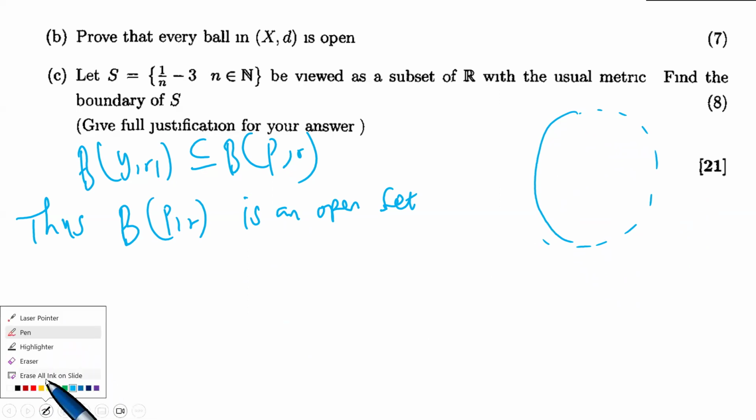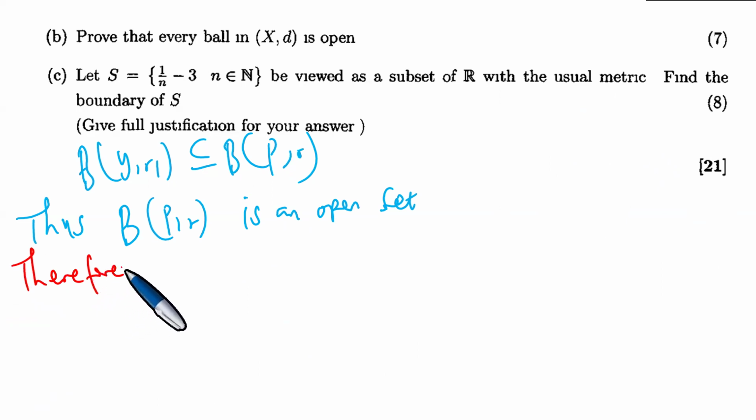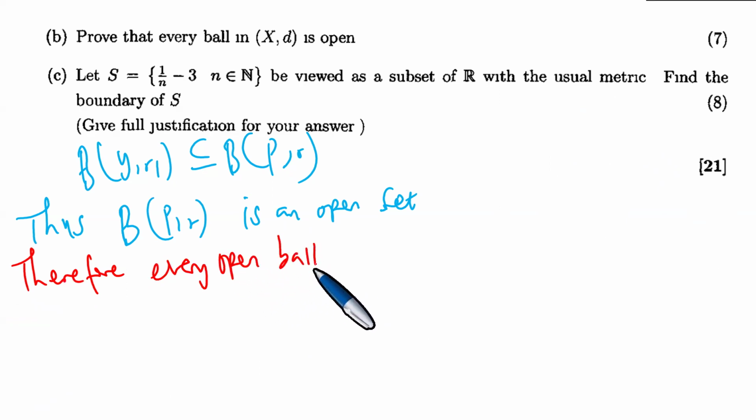Now, let's analyze this. So this means, therefore, this is it. That is the conclusion. Therefore, every open ball is an open set.